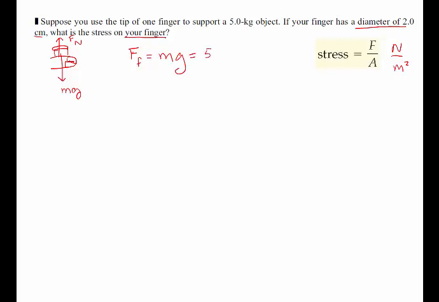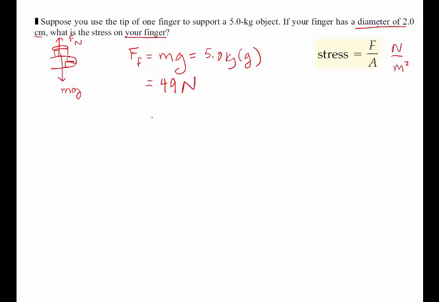That's 5 kilograms times little g, 9.80 meters per second squared. I think that should be about 49, but I'll make sure. 49 newtons. Yes, it is exactly 49 newtons. So 49 newtons is the force acting on my finger.